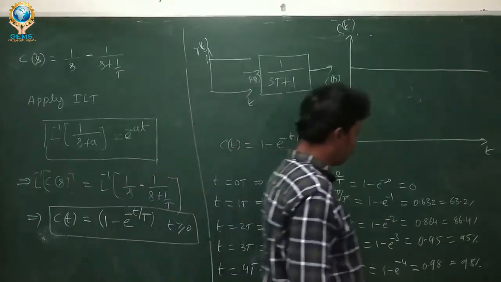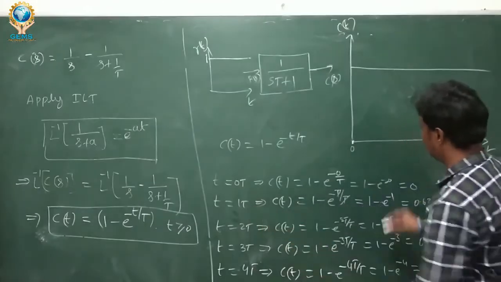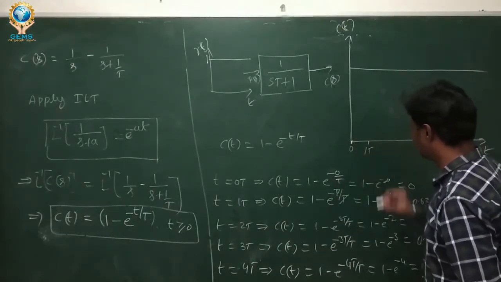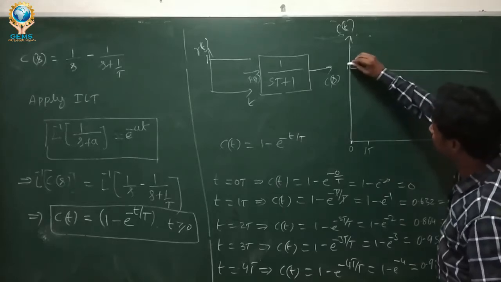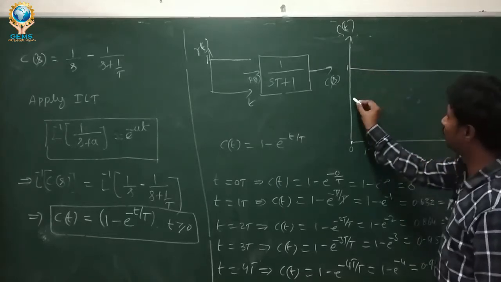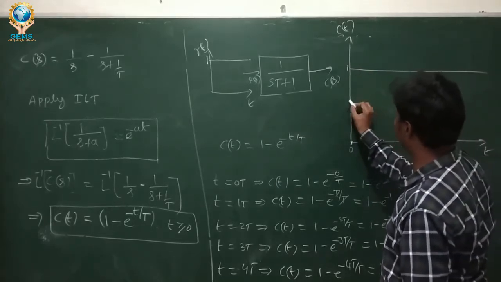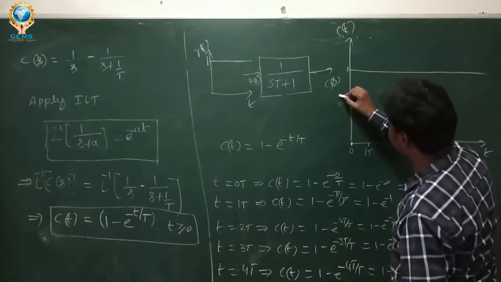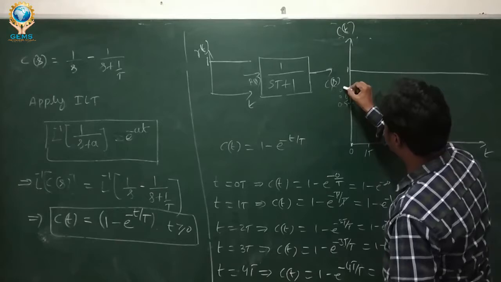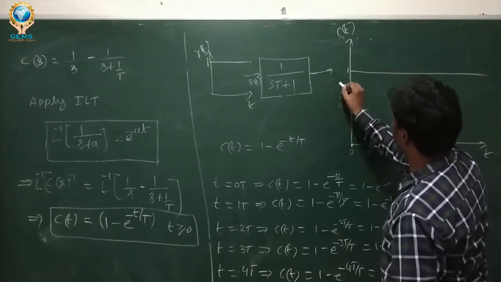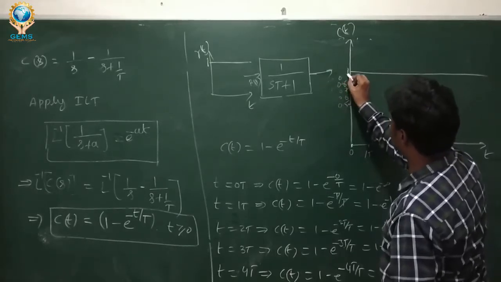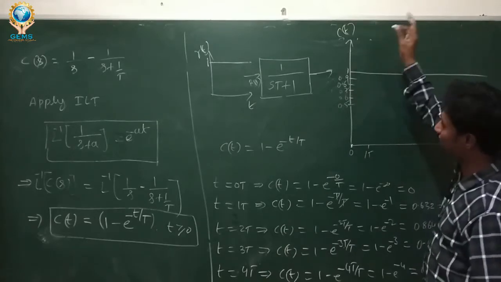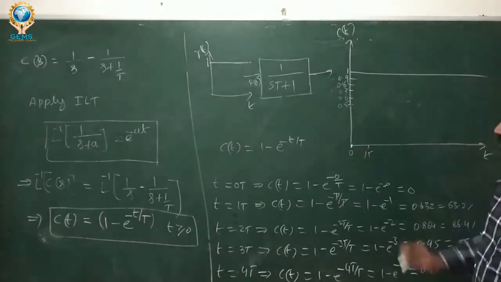So you just draw the graph. At t is equal to 1T, what is the response? The input signal is 1. Let's say this is the middle, 0.5, then 0.6, 0.7, 0.8, 0.9, and this is 1, and below 0.4 till 0.